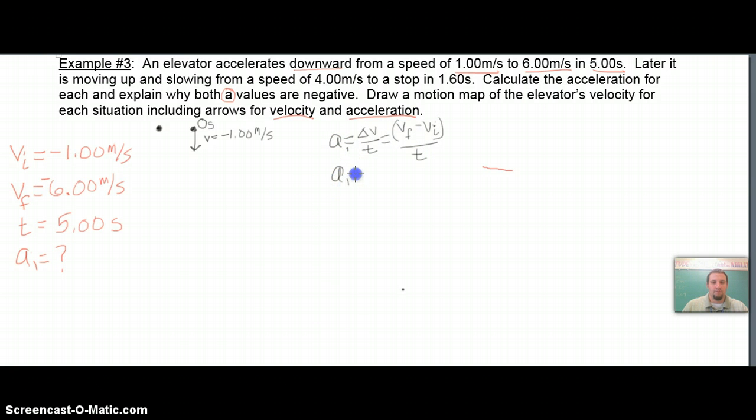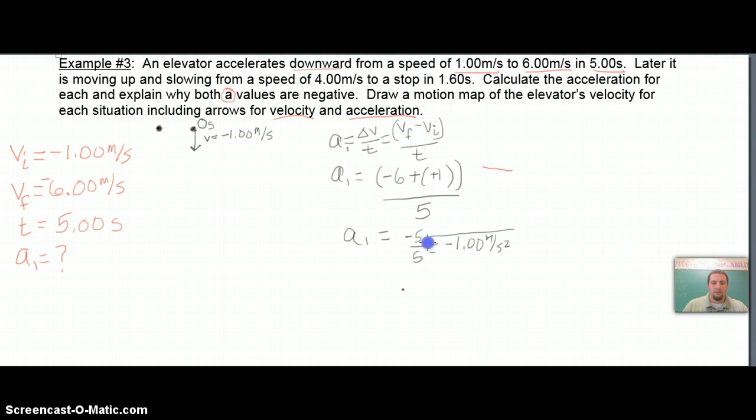Acceleration 1 is our final velocity, negative 6, minus our initial velocity, negative 1, over the total time of 5 seconds. So you have negative 6 minus negative 1. This is the same as adding the opposite. So negative 6 plus 1 is negative 5, over 5, which is negative 1.00 meters per second squared.